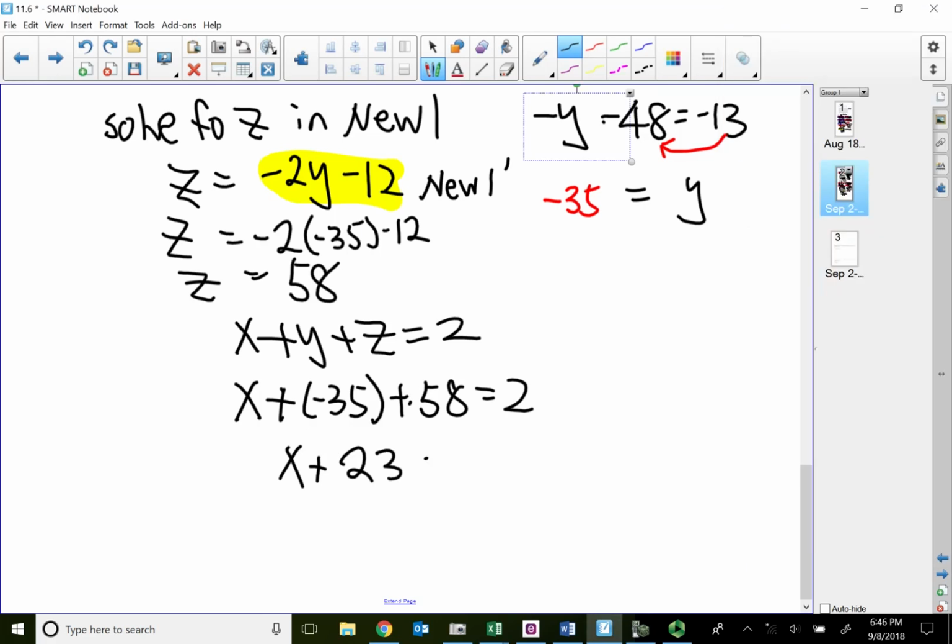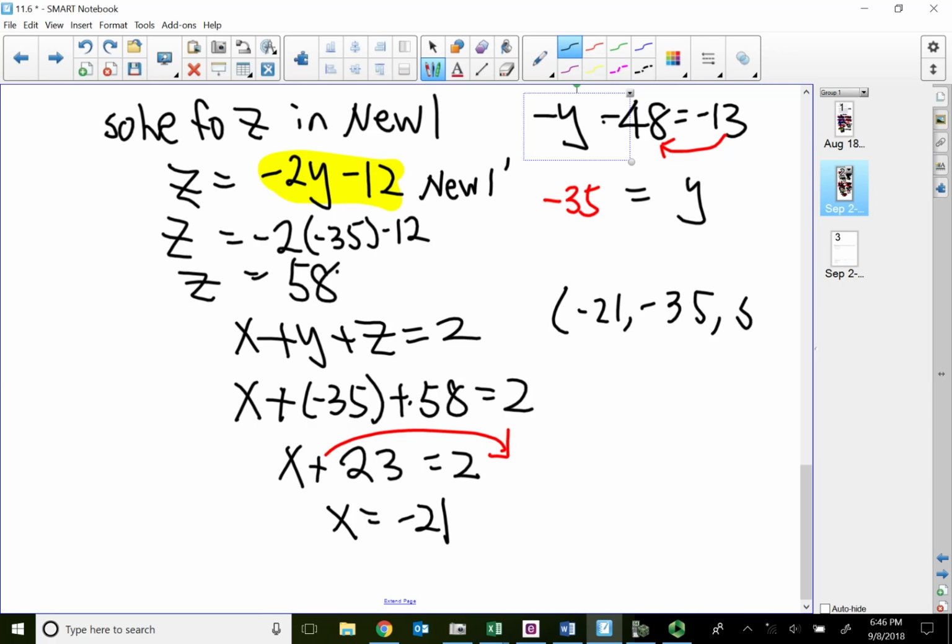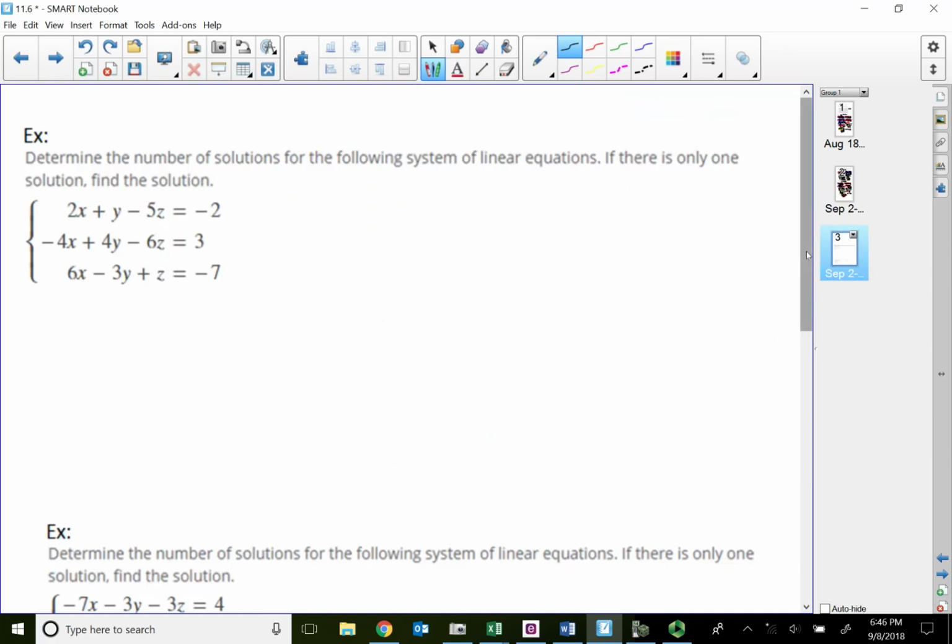So x plus 23 equal to 2, move the positive 23 over. So that gives me x equal to negative 21. All right, so my answer, point of intersection, negative 21, comma, negative 35, comma, z is what? 58.